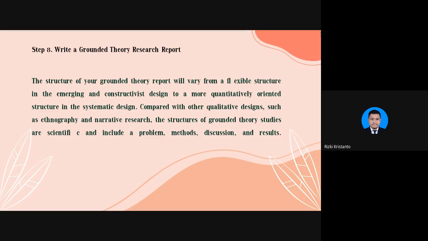The structure of your grounded theory report will vary from a flexible structure in the emerging and constructivist design to a more quantitatively oriented structure in the systematic design, compared with other qualitative designs such as ethnography and narrative research. The structures of grounded theory studies are scientific and include a problem, methods, discussion, and results. Next.